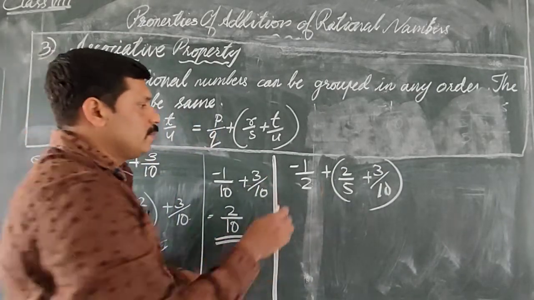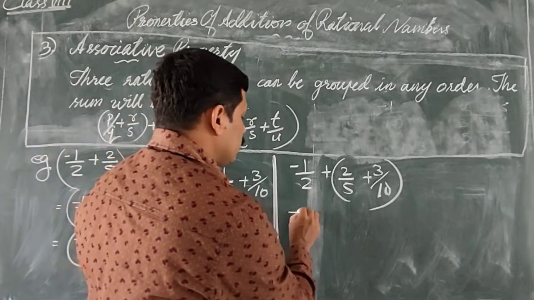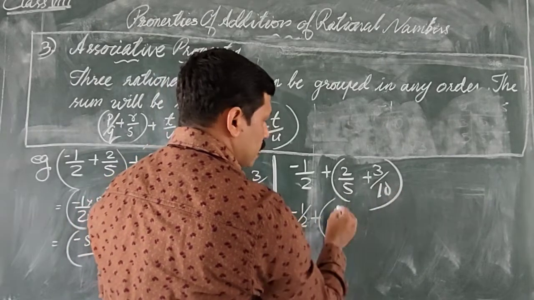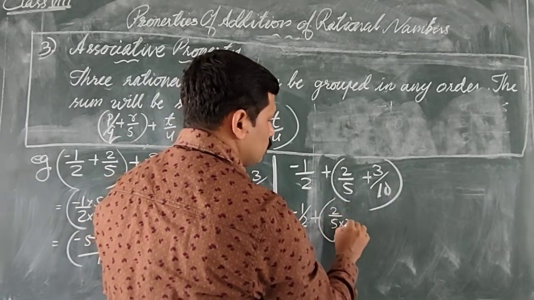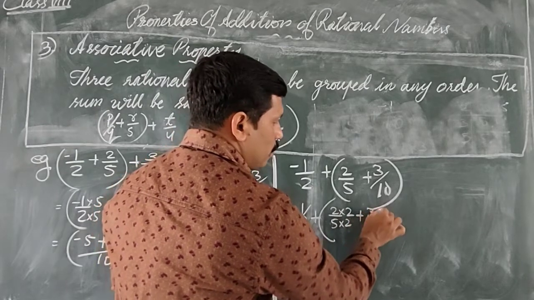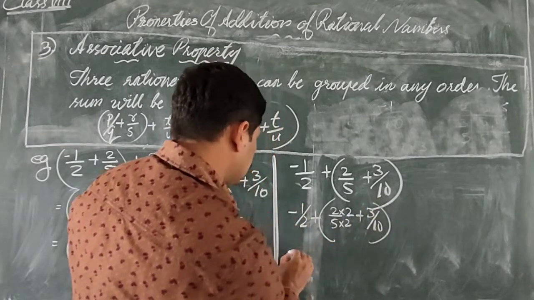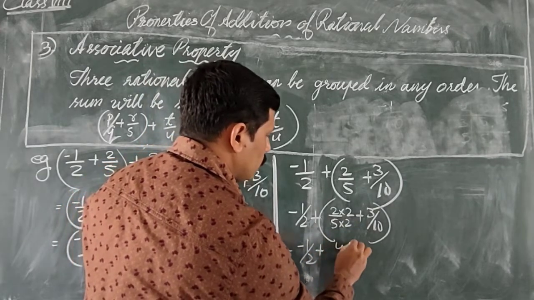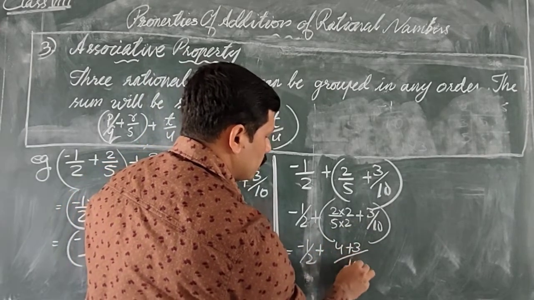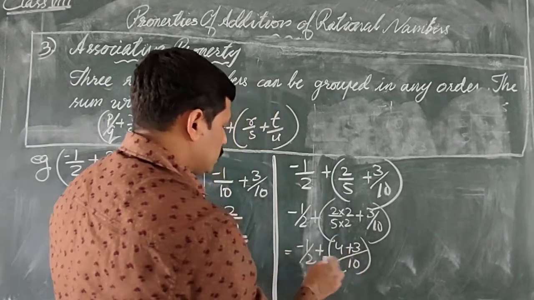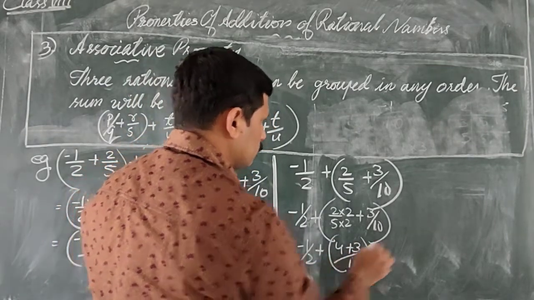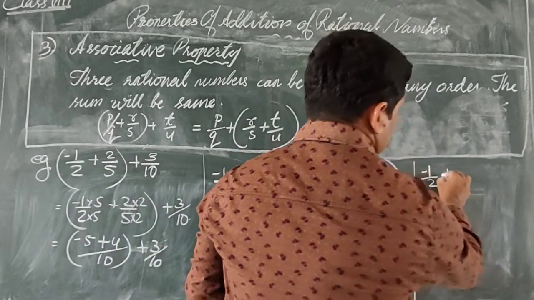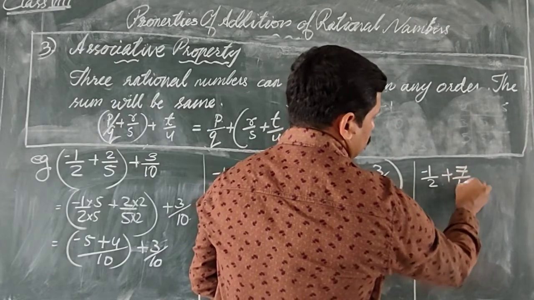Then we can see after solving this, negative 1 upon 2 plus, here the LCM of this is 10. So we multiply 5 by 2, plus 3 upon 10. Then we get negative 1 upon 2 plus 2 2s are 4 plus 3 upon 10, that is equal to negative 1 upon 2 plus 7 upon 10.